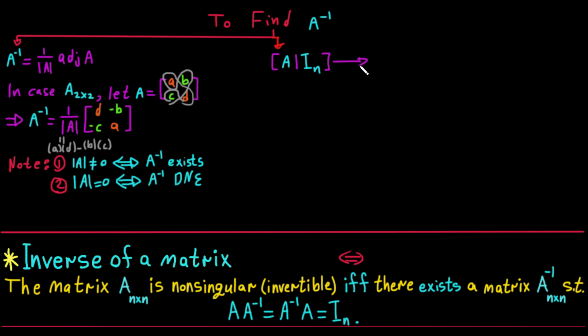So if you can change it by RREF, Reduced Row Echelon Form, by elementary row operations, if you can change this one to the identity, then here you will get the A inverse.